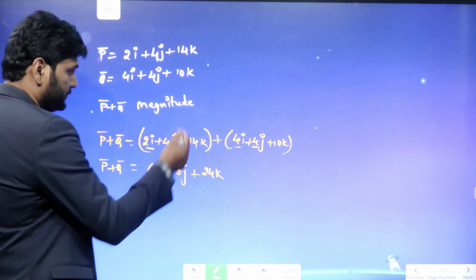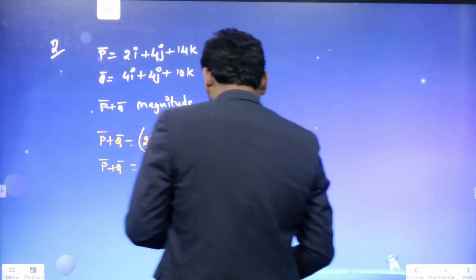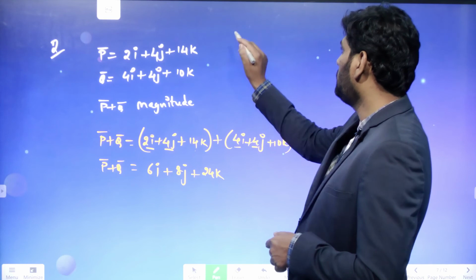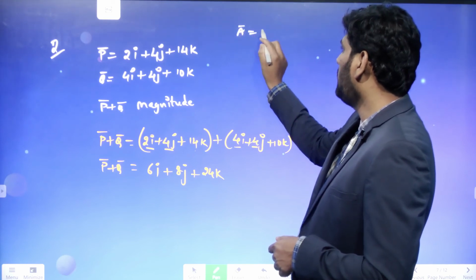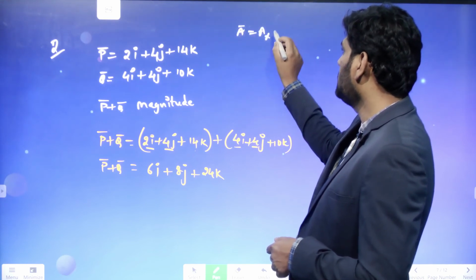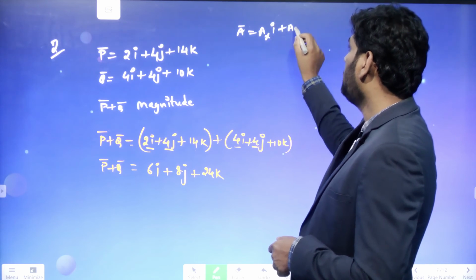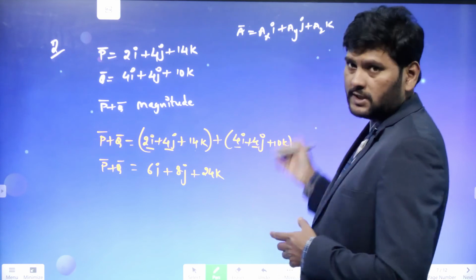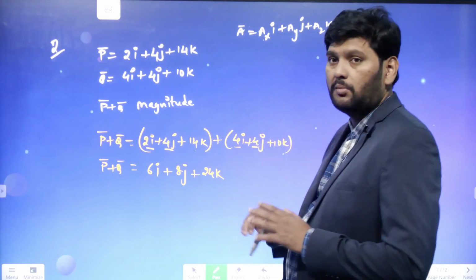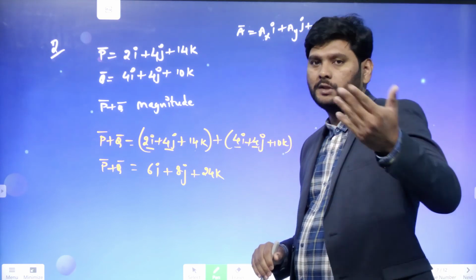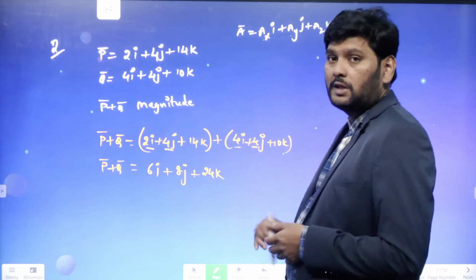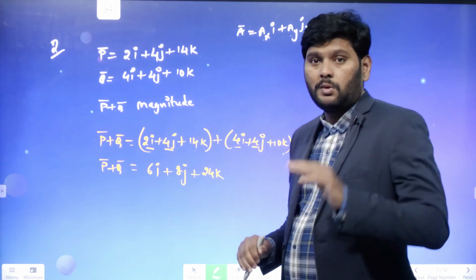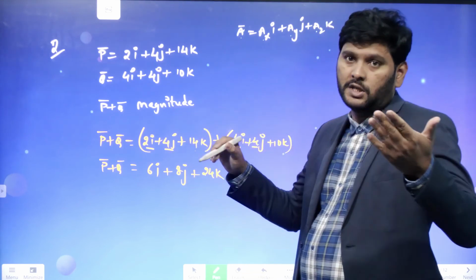For example, this is a vector A bar, expressed as ax i plus ay j plus az k. Here ax is the vector's x direction component, ay is the y component, and az is the z component.